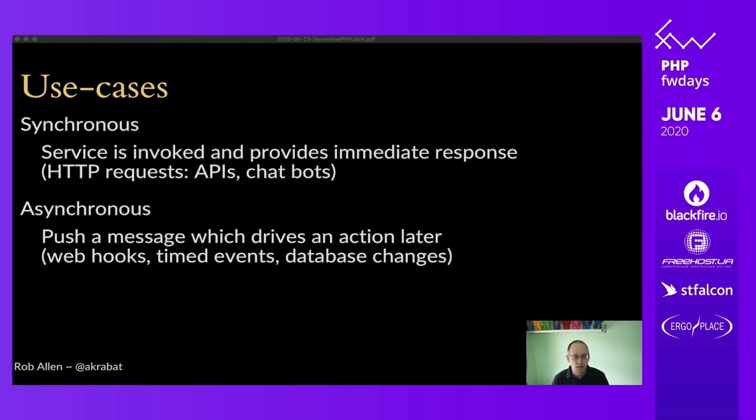Those are really common scenarios. Database changes are another one, or an S3 change: drop a file into an S3 bucket, do some compute on it, resize the image or whatever you're going to do. All those are asynchronous uses, and serverless is really good for those as well.